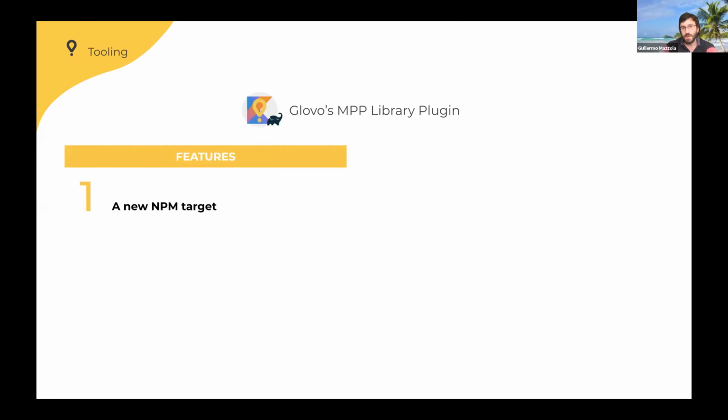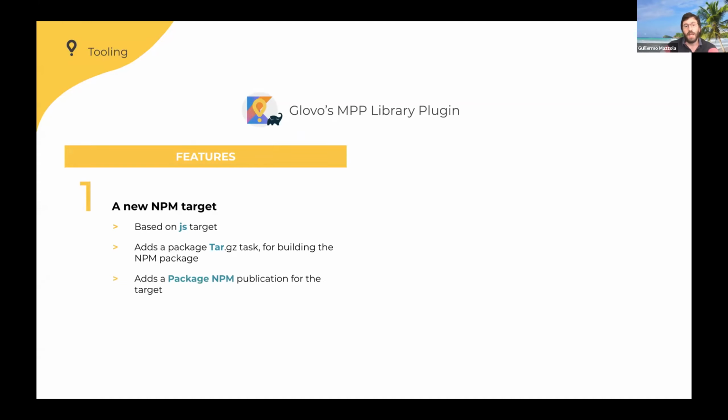First, the first feature it has is that it declares a new target in the Kotlin Multiplatform plugin, which is based on the JavaScript target, but also has a tar.js task that is basically packaging your compiled JavaScript code into the NPM package specification, and also has a package NPM publication, so you can, with just one Gradle task, build, package and publish your native NPM package into the NPM repository or whatever.